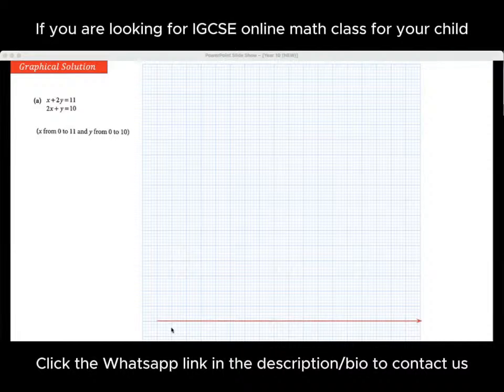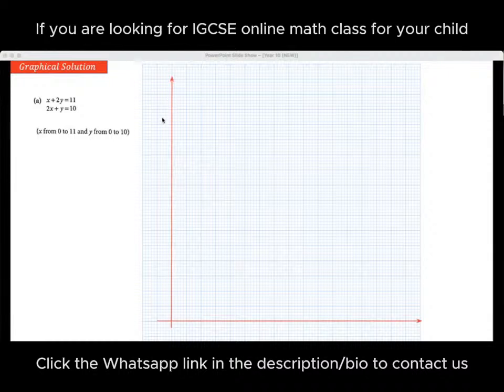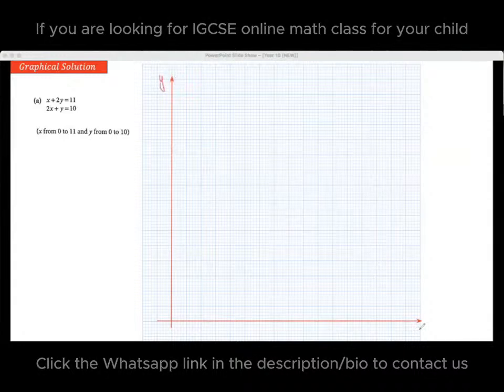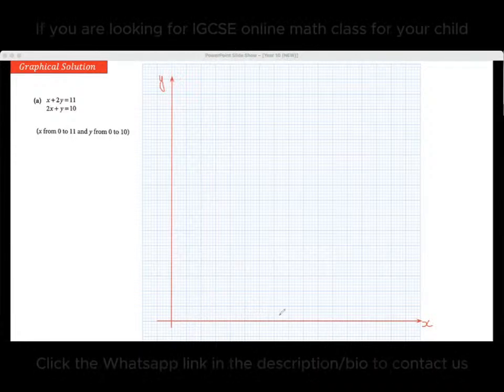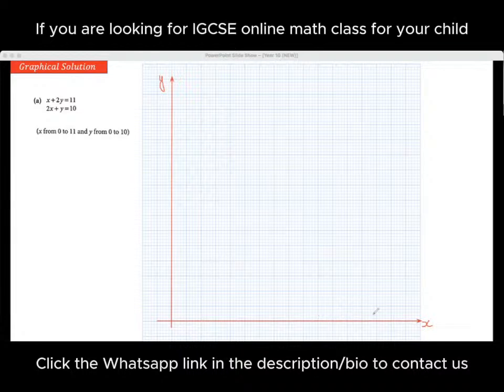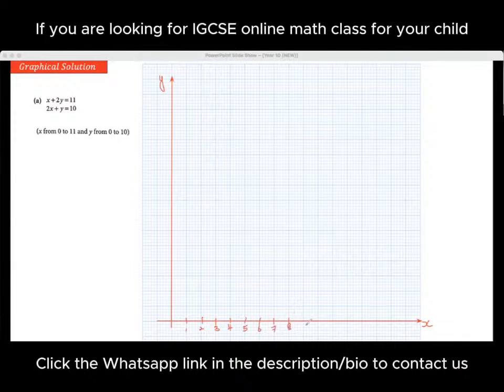Okay, when you draw a graph, try to make it as big as possible so that it will be easier for you to get the reading. Make sure you label your XY axis. So 1, 2, 3, 4, 5, 6, 7, 8. Okay, it's too big. So what I have to do is 1, 2, 3, 4, 5, 6, 7, 8, 9, 10, 11.